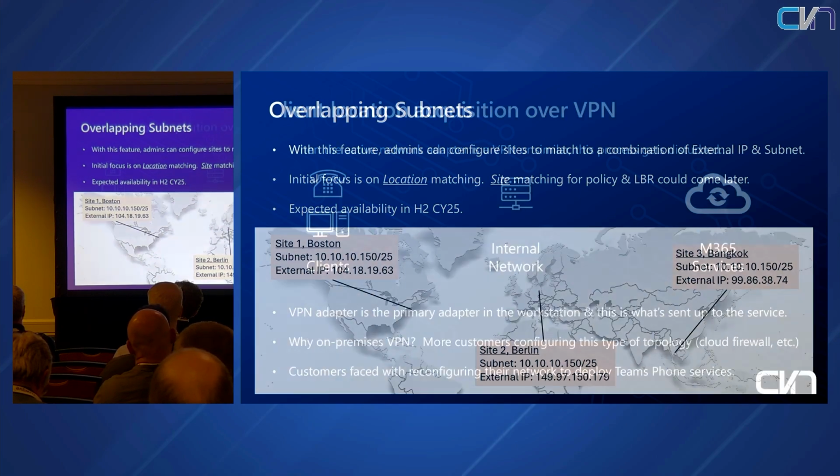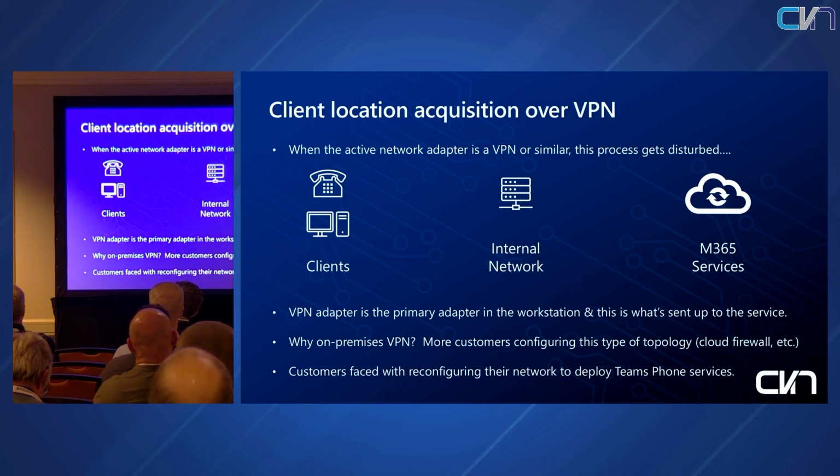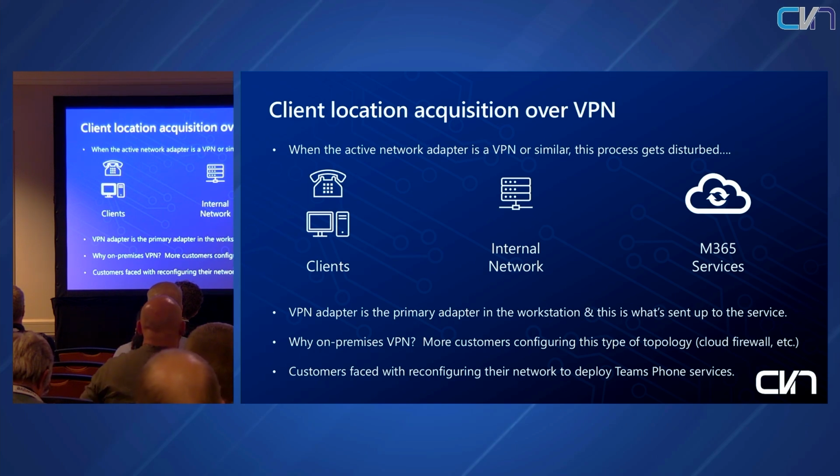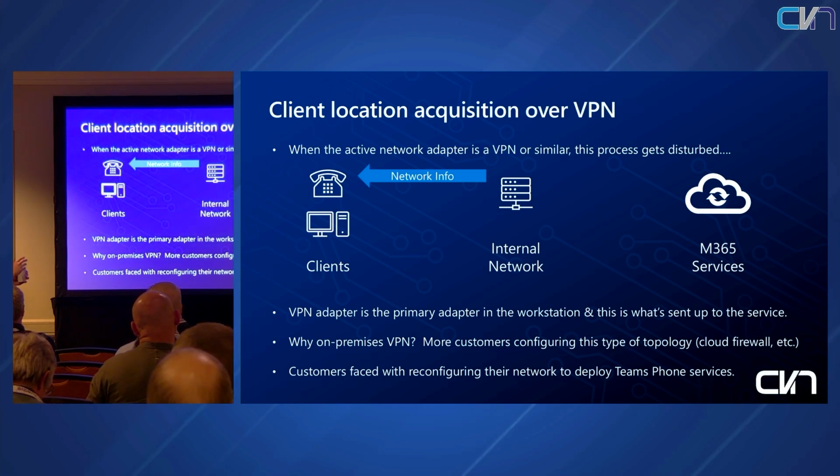We also have some difficulty in location acquisition in VPN cases. So when the active network adapter is a VPN, the happy process that we saw earlier gets a little bit messed up. First, same thing, the client shows up and says, "Hey, give me all the network information."